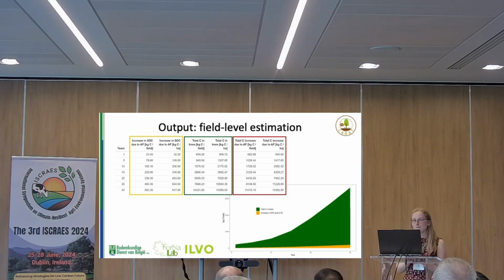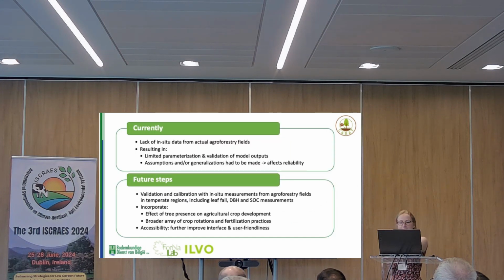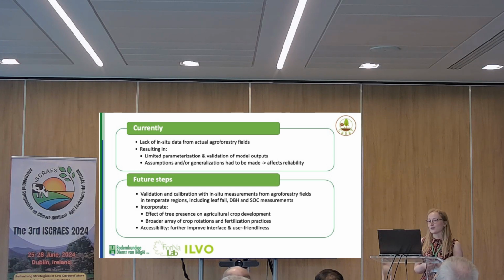Okay, so currently, we have developed a nice model, but it must be said that there was a lack of in situ data from actual agroforestry fields. So there is some data that was incorporated into the model, but it's still quite limited.